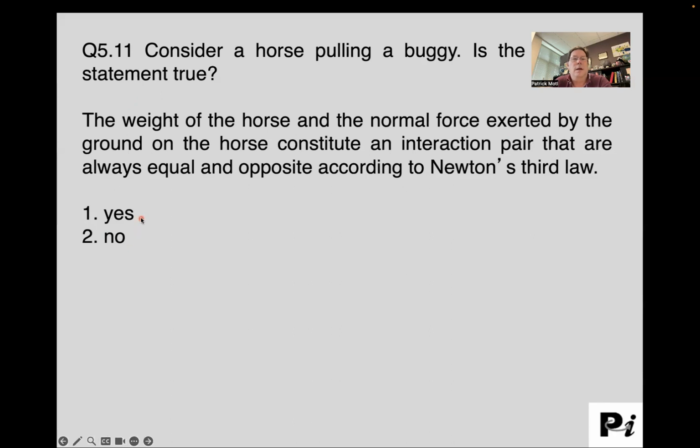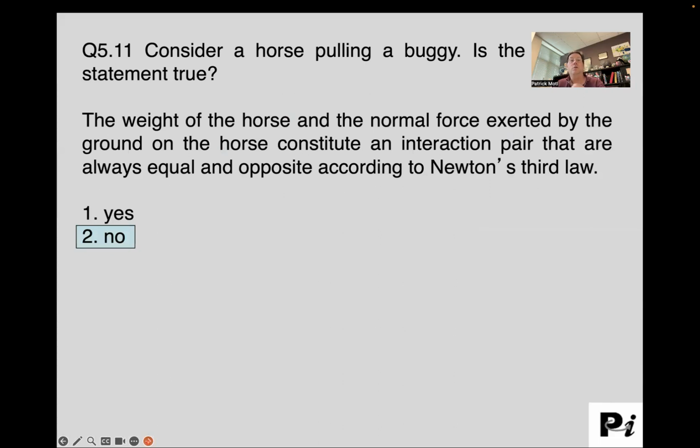Is that statement true? Yes. Or is the statement false? No. So read it through carefully, check in, see if you have consensus with your physics friends, and then unpause the video and we'll talk about the answer.